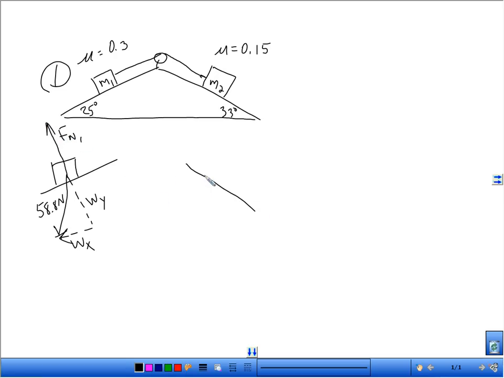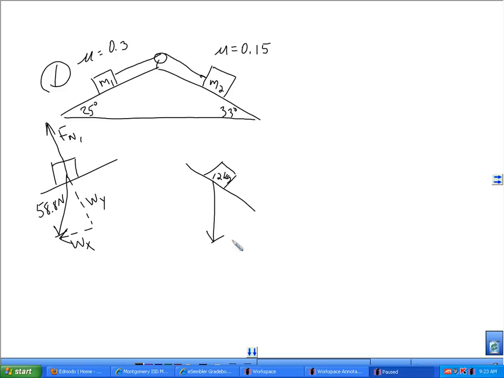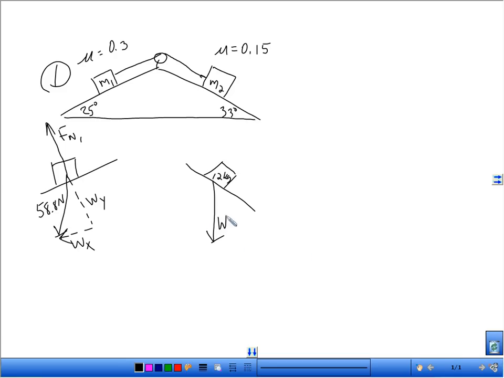Over here, I have a 12 kilogram object. It has a weight. Okay, and the weight is 117.6 newtons. Here's my Wy. And here's my Wx.